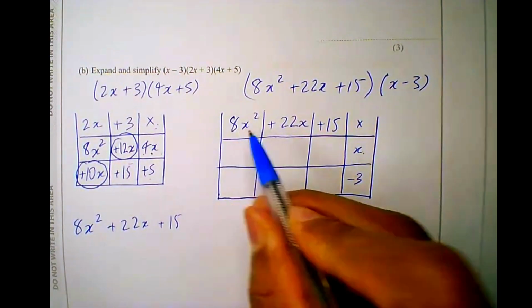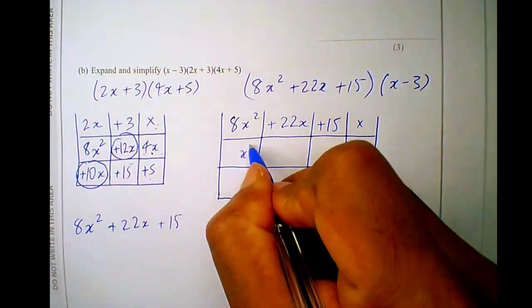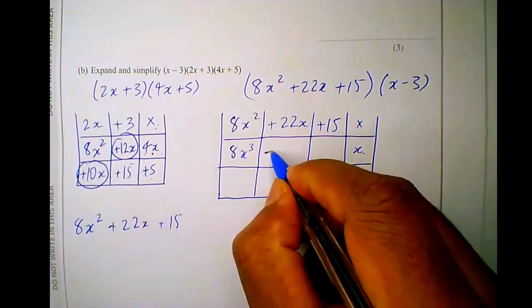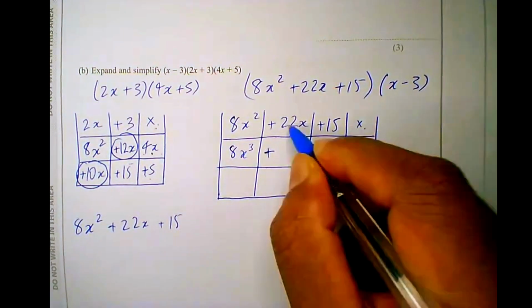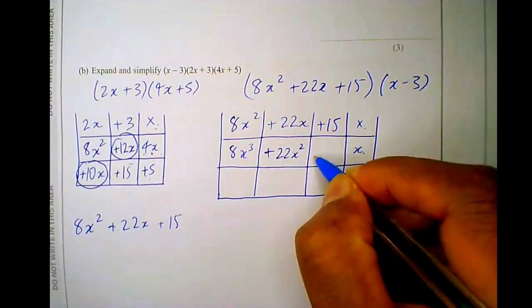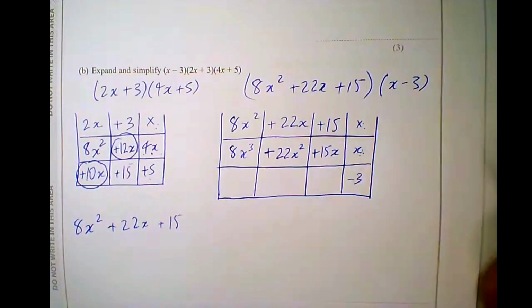x times 8x squared. So x times x squared is x cubed, so it's 8x cubed. They're positive. x times 22x becomes 22x squared. This is plus 15, 15 times x is 15x.